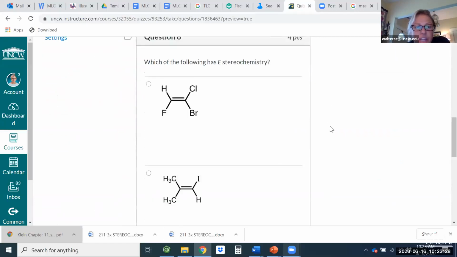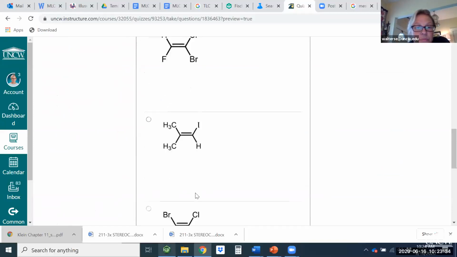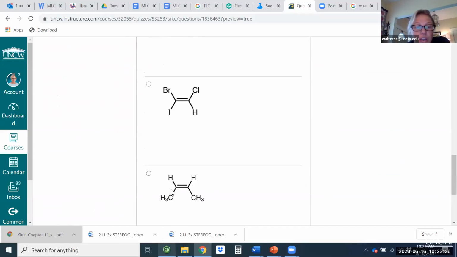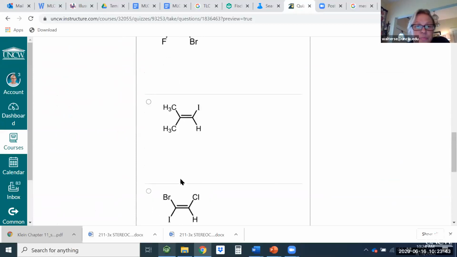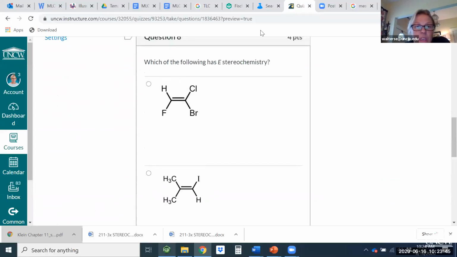Okay, the E stereochemistry, this one would be tossed out because you can't rank those two. And so this one would be high, that one is Z. High, this one is Z. Fluorine, bromine, fluorine, chlorine, bromine.